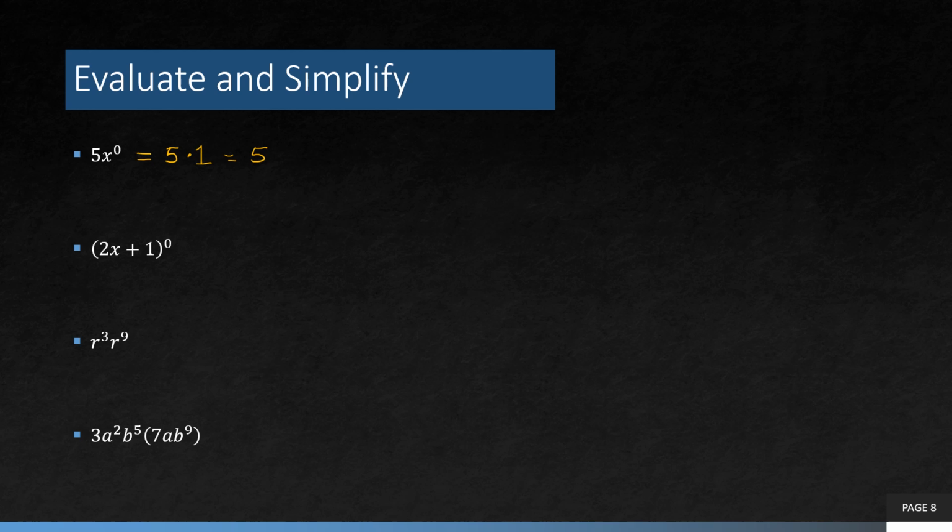Again, this is something taken to the power of 0. I really don't need to work with this because it would simplify and then raise to the 0, it just equals 1. For this one, we are taking r to the third times r to the ninth. We have the same base, so we can just add those exponents together, and that's going to be r to the 12th.